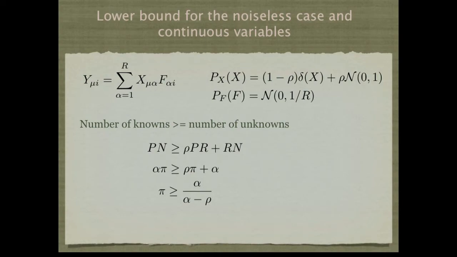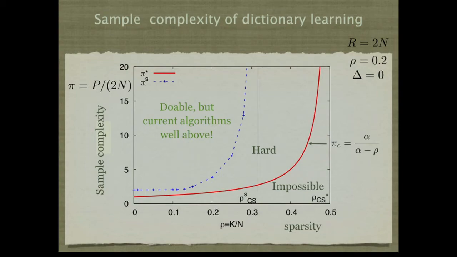Because if not, then clearly I will have some degeneracy and I will not be able to recover it. So that's what gives me this simple lower bound. In the parameters I introduced, alpha needs to be bigger than alpha divided by alpha minus rho. And if I plot the position of this phase transition, I obtain that the information theoretic transition, when I don't pay attention to the computational complexity, is exactly at that point.